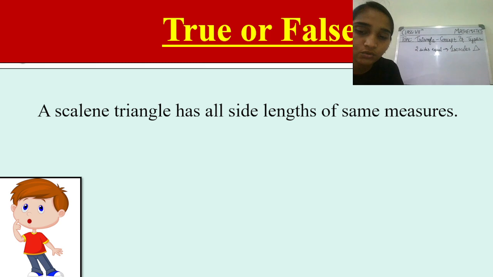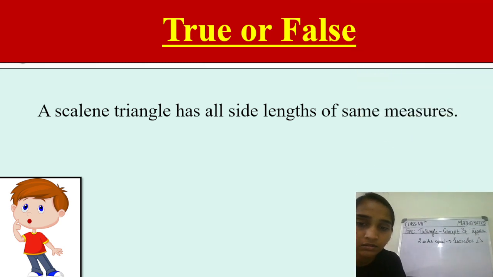So students, give the answer as true or false for this statement: a scalene triangle has all the side lengths of the same measure. Is the statement true or false?